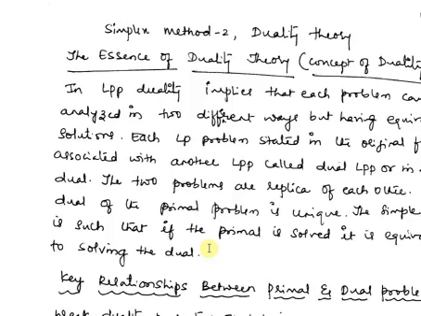Or, in another way, if we want to understand what duality in linear programming is: for every linear programming problem, there is a related, unique LPP, another linear programming problem, which involves the same data and also describes the original problem.